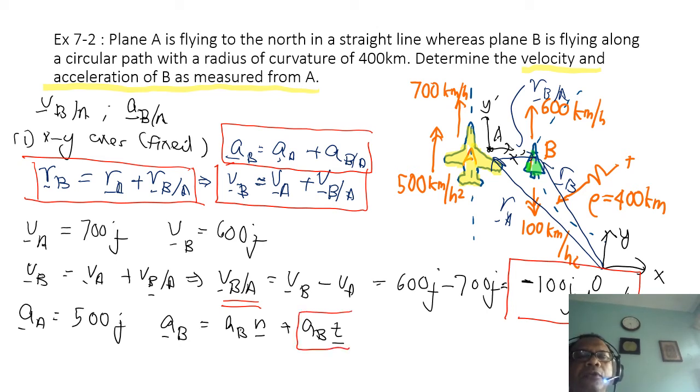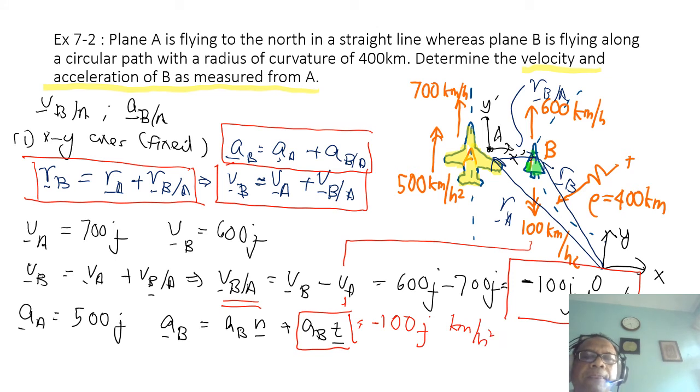We know from here that it is 100 kilometers per hour squared. It is going in the negative Y direction, so it's minus 100 J kilometer per hour squared. So the tangent data, we've got that.